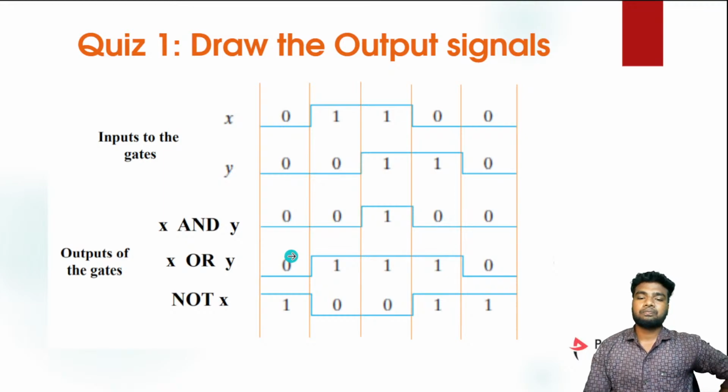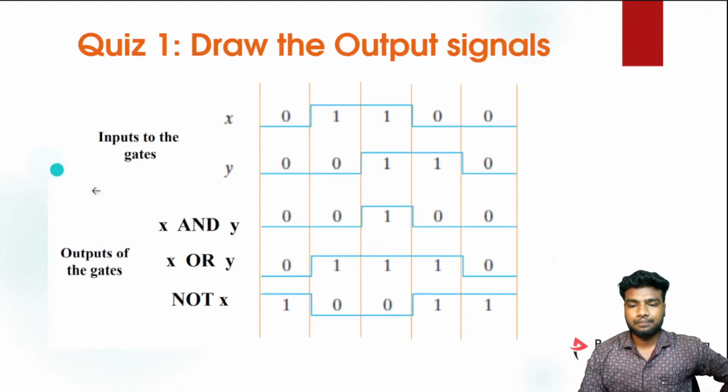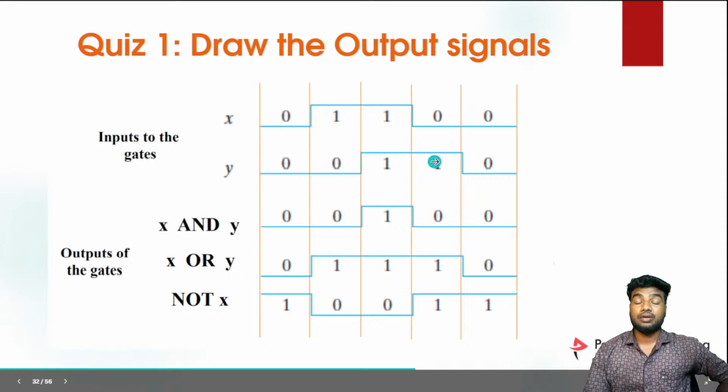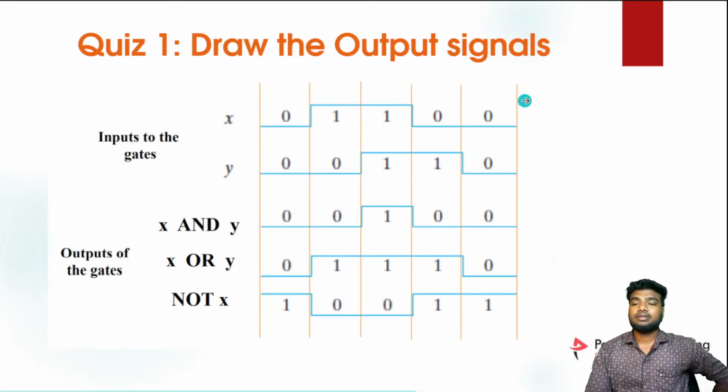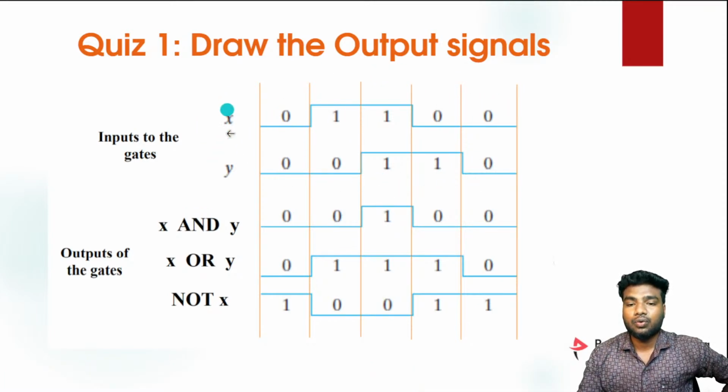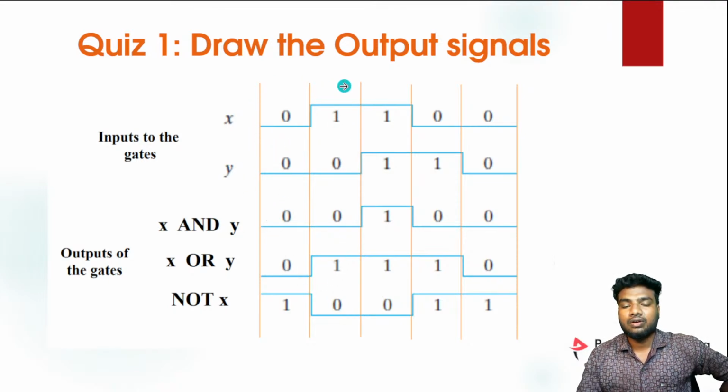So this is some waveform diagram for the basic logic gates. These are my inputs, x and y are my inputs. Firstly I am having the input 0 0, x equals 0, y equals 0, and at that time the AND operation output is 0, the OR operation also 0. Why? Because both inputs are 0. And then I am changing the inputs to 1 and 0 for x and y.